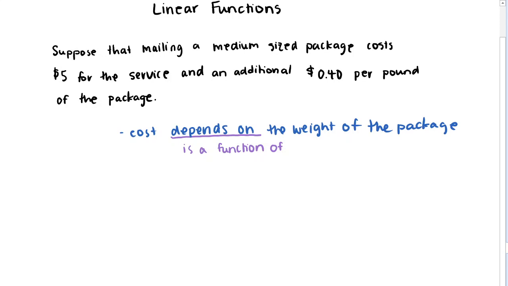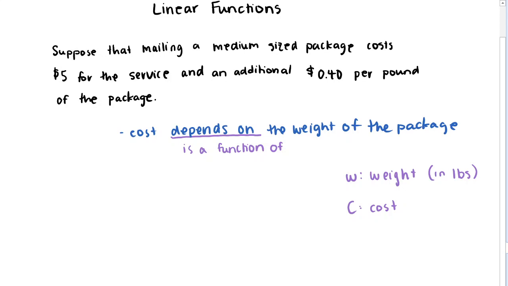So here, let's say that the weight of the package is given by this variable w. So here, let's let w represent the weight of the package in pounds. And here, let's use c to represent the cost of shipping that package in dollars.